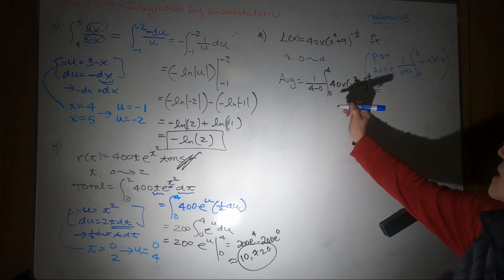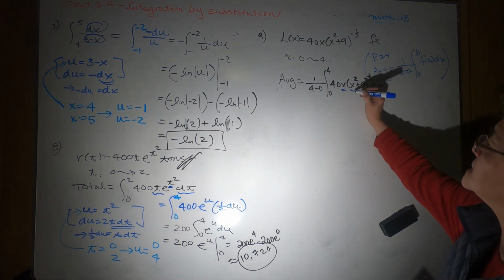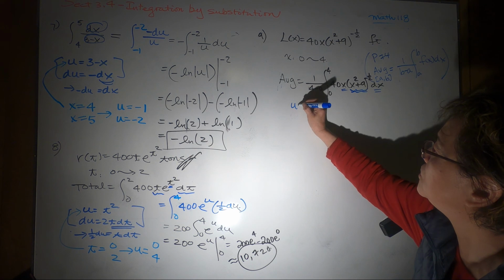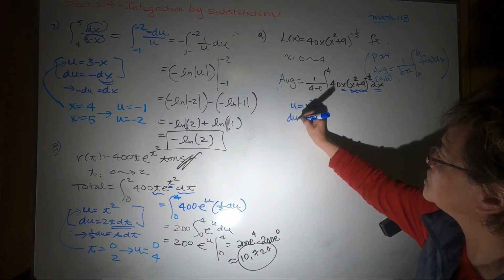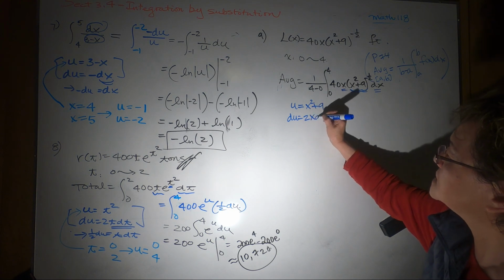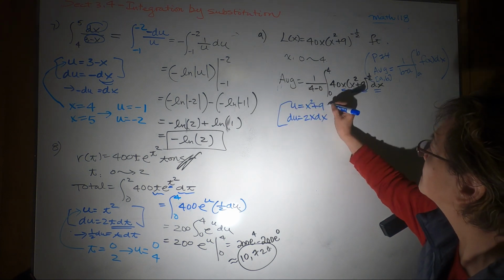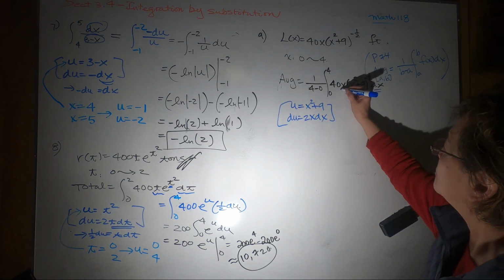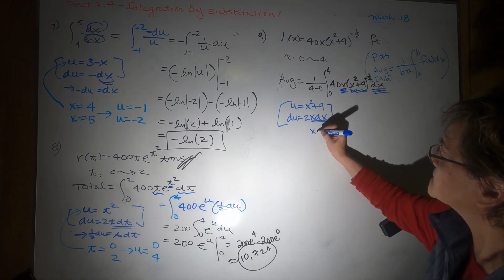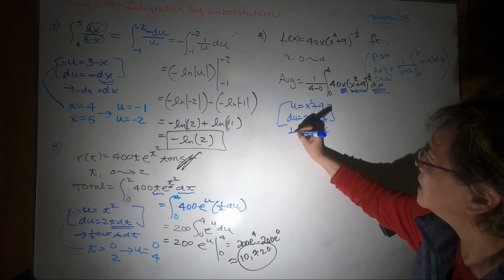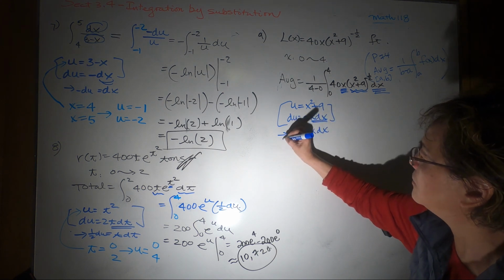Then we say, if I let the inside complicated one be u, then my du will be what? 2x dx, right? Then what I want to replace is x dx. So my x dx will be what? Half of du. Is that right?